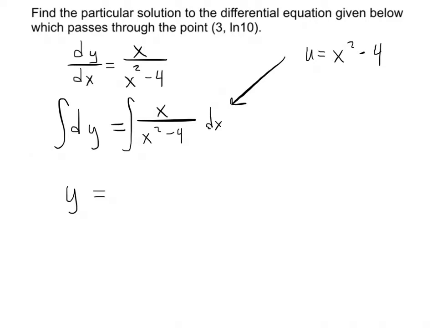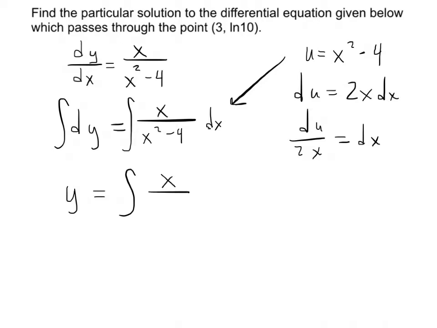At this point, you may want to practice this one on your own if you'd like to try it, or you can watch me go through it. Your du here is 2x dx, which means du over 2x equals dx. Plugging this in, this is the integral of x over u times du over 2x.